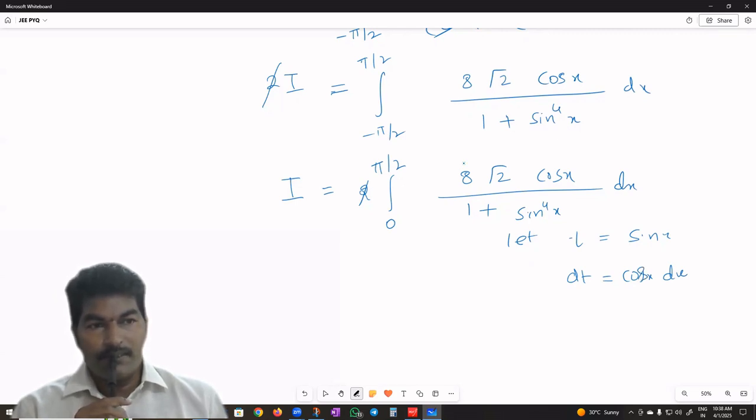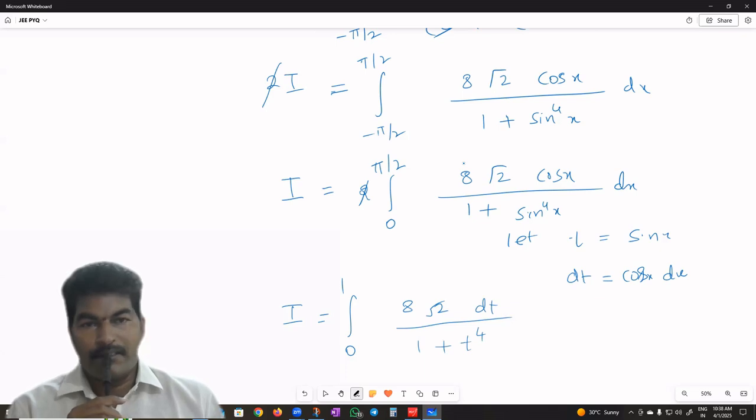For x is equal to 0, t value is 0. For x is equal to 90 degrees, the upper limit is sin 90, which is 1. So from 0 to 1, 8 into root 2, cos x dx will be dt, divided by 1 plus t power 4.